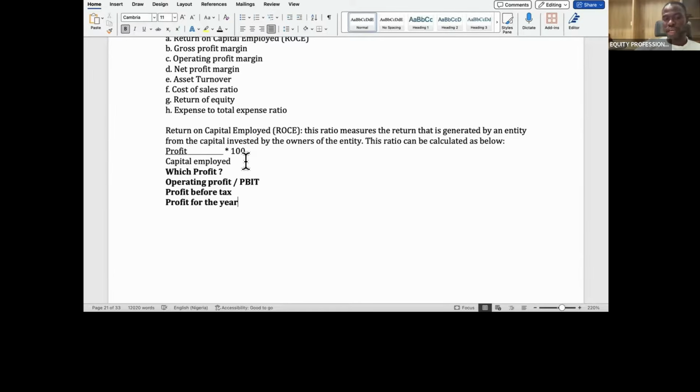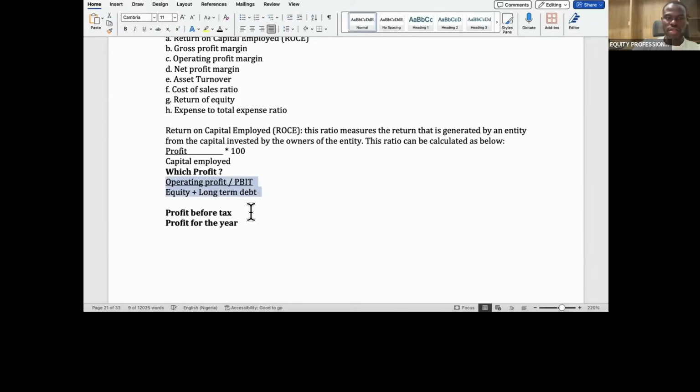Any of these profits can be used, but in selecting these profits, you must ensure you're matching it with the correct capital employed. If you're using operating profit, you need to ensure that the capital employed you use is equity plus long-term debt.